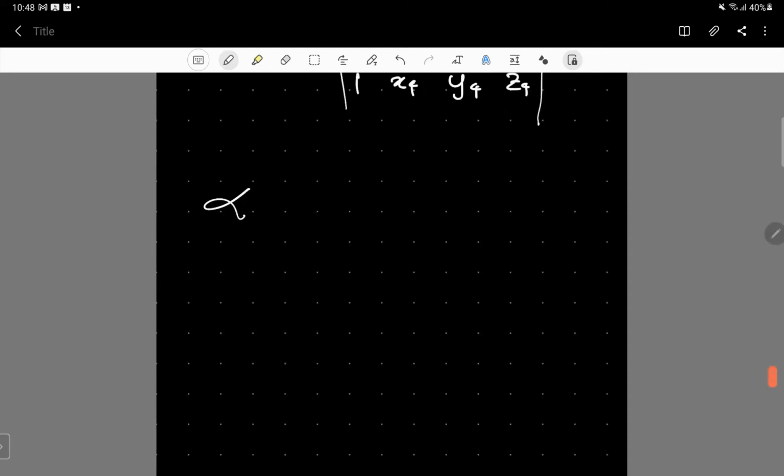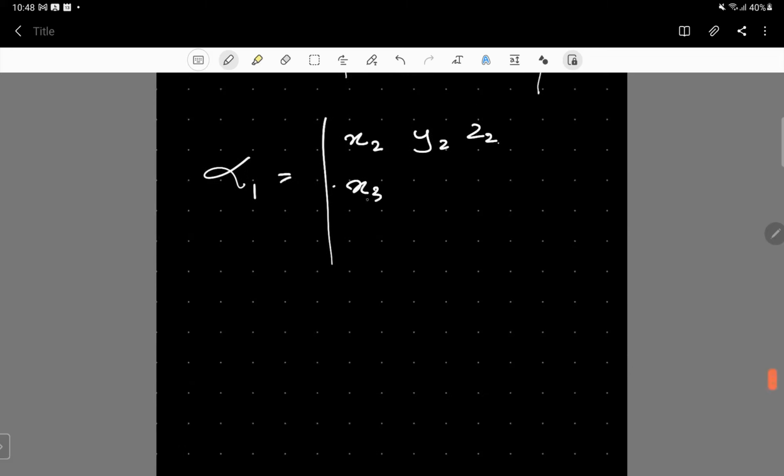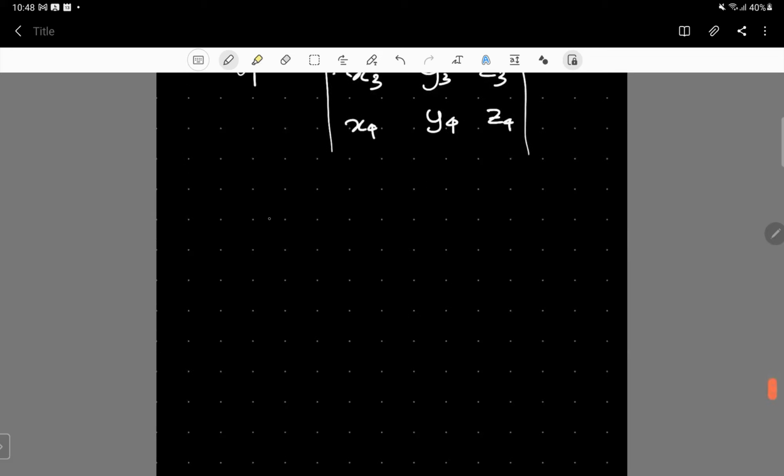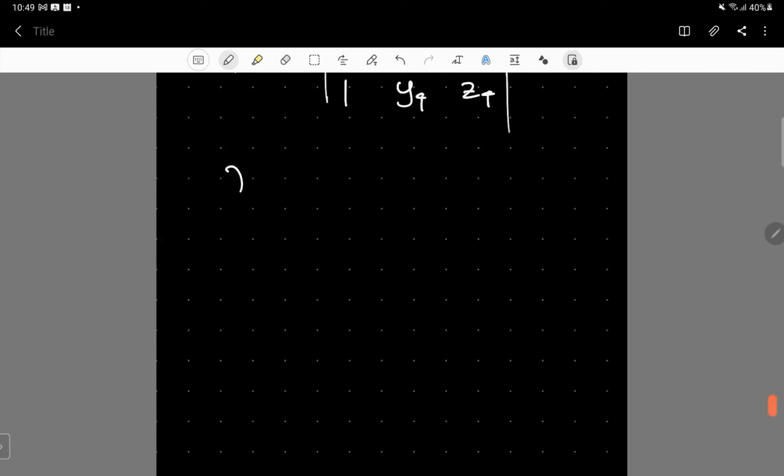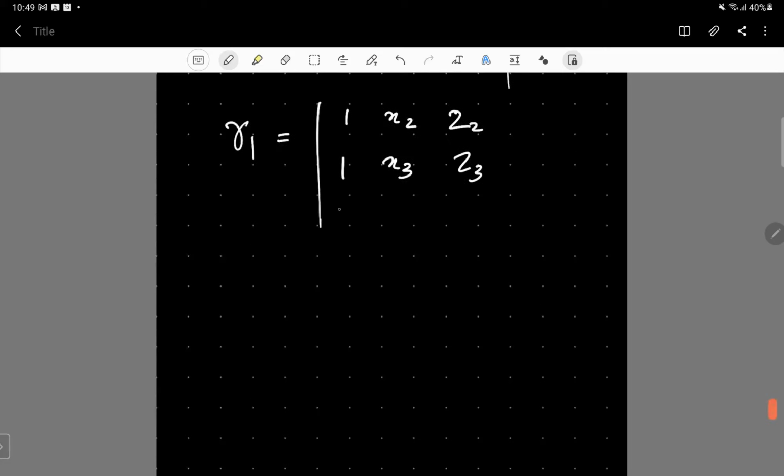So alpha 1 would look like this, the matrix x2, y2, z2, x3, y3, z3. Similarly, beta 1. You may be able to find a pattern, like in the previous cases.